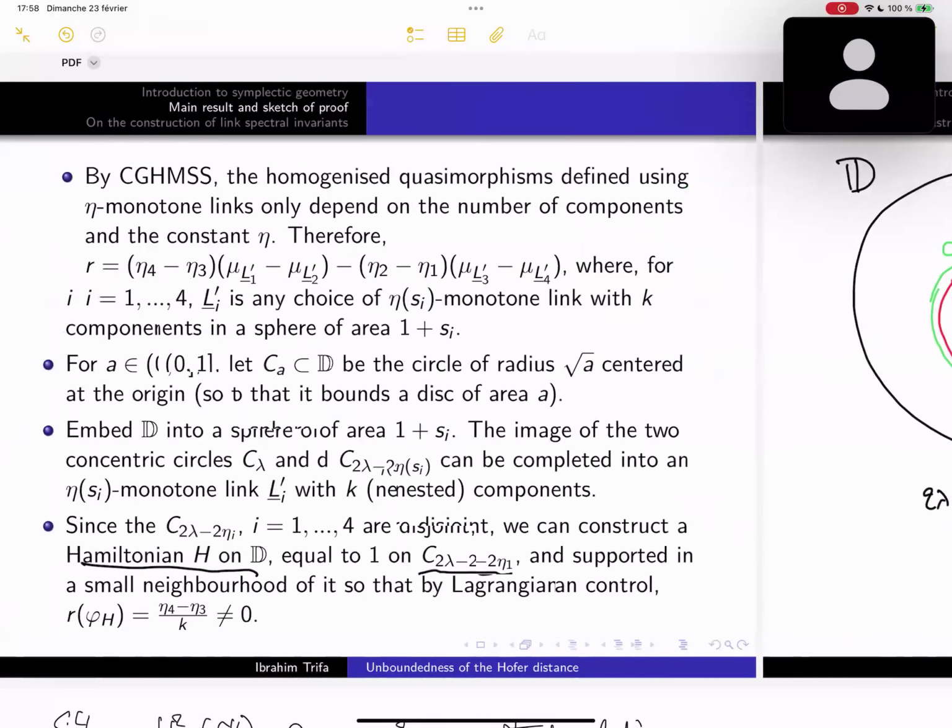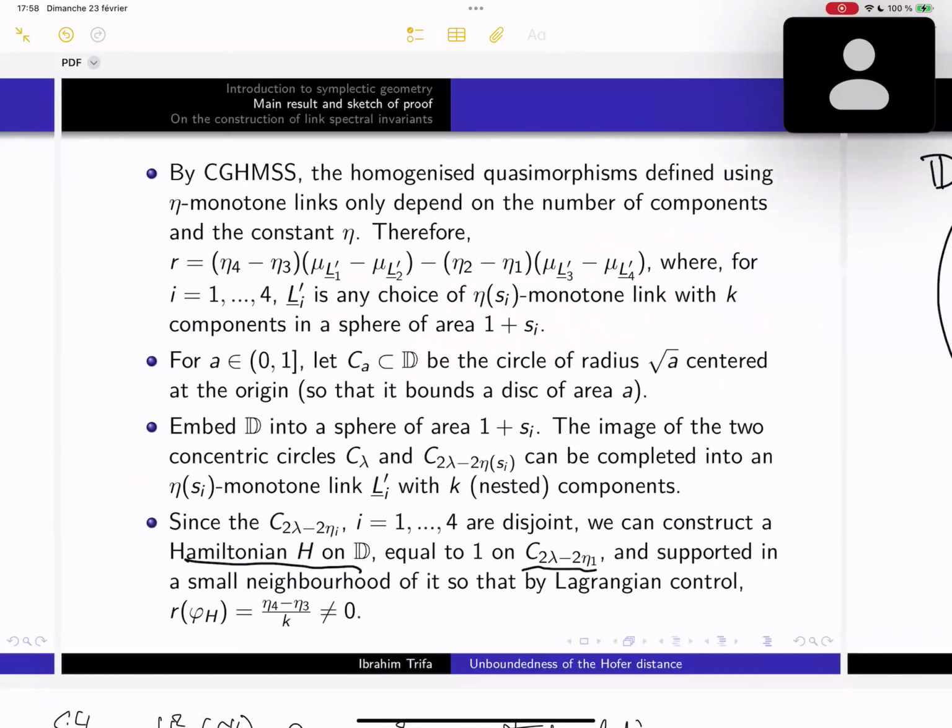So that when you compute the value of mu L1 prime of H, this will be 1 over k, and it will be 0 for all the other ones. So this will vanish, this will vanish, it will vanish, and you end up with R of phi H equal to eta 4 minus eta 3 over k, which is non-zero. So this completes the proof.